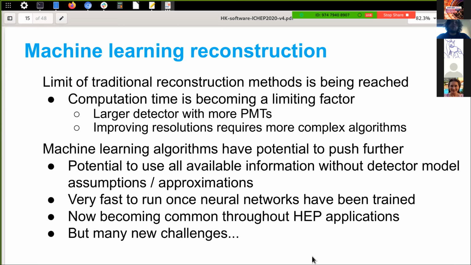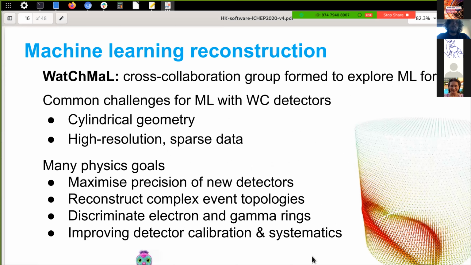So we've started this WatChMaL group, which is Water Cherenkov Machine Learning, a collection of people across different collaborations working on Water Cherenkov detectors to explore machine learning for Water Cherenkov reconstruction, as well as people from other detectors as well, including water-based liquid scintillators, which also have some common challenges.